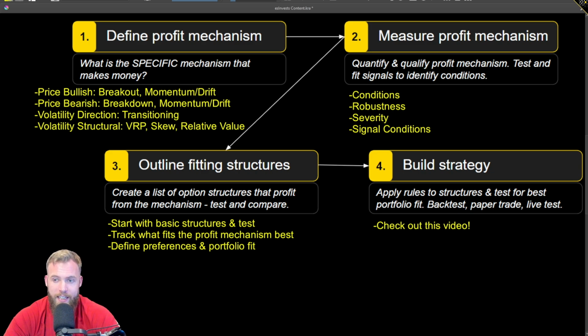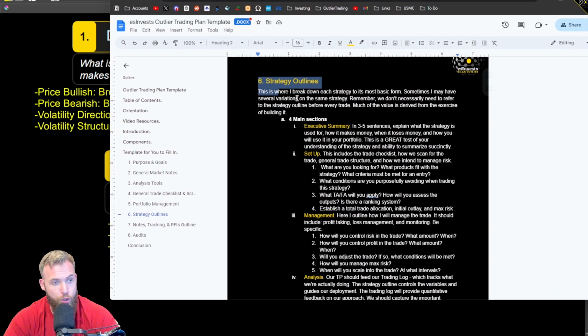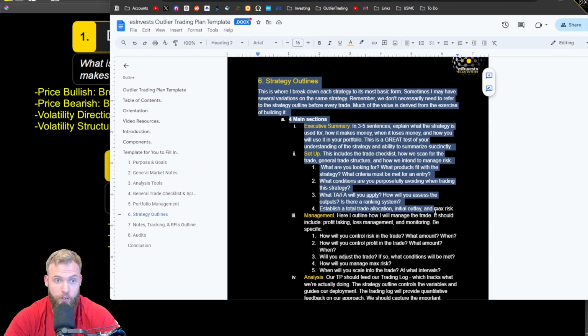So if we look at this in a nutshell, when we're going through these two stages, outlining fitting structures that match the profit mechanism and then building strategies, this is where you start using tools like the trading plan that I offer. Again, this is for the Patreon folks, but I've done videos on this. I'll link to them in the notes below that you can make your own. You can follow along in that video completely for free and do your own. And then if you're in the Patreon, you can just grab an example from here.